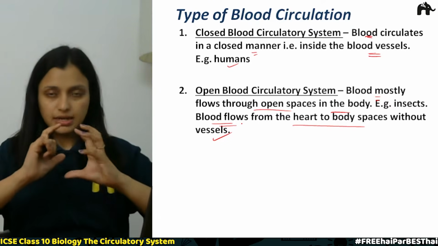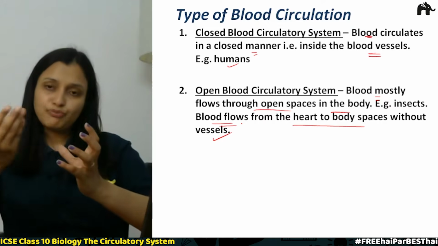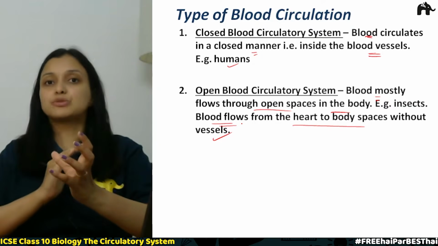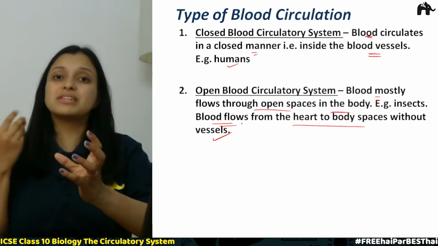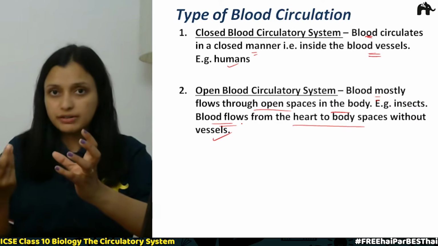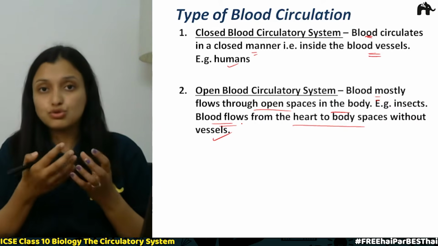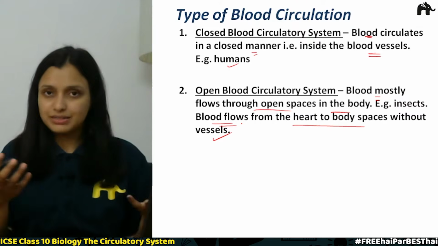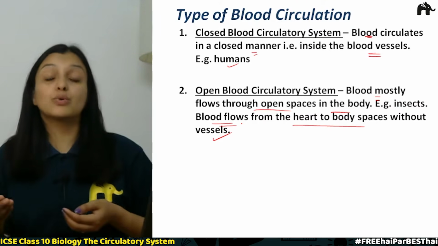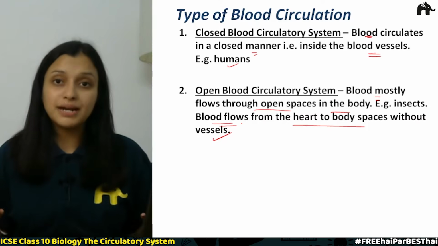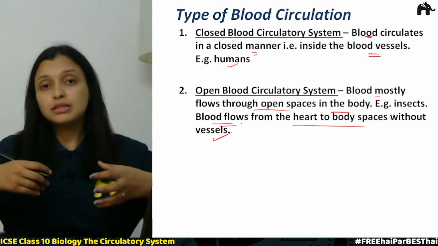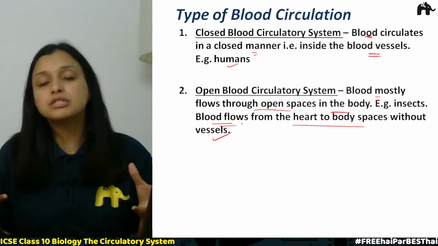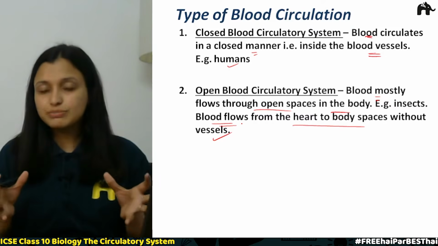Blood is present in the heart, and then it flows to the spaces in the body. There are no blood vessels to carry this blood from the heart to different body parts, right? So this type of blood circulation is called an open blood circulatory system, where the blood flows in the open spaces of the body. I hope this is clear.